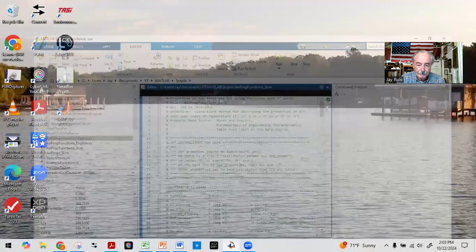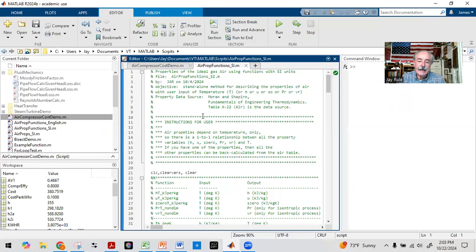Okay, so I'm going to bring up MATLAB. And the first thing I bring up is my air prop functions _SI, sort of my demo file. I hope you've watched my video that shows you how to use this demo file, basically the MATLAB version of table A22. Hope this looks familiar to you. Let's look quickly. Here's the reference and what's going on.